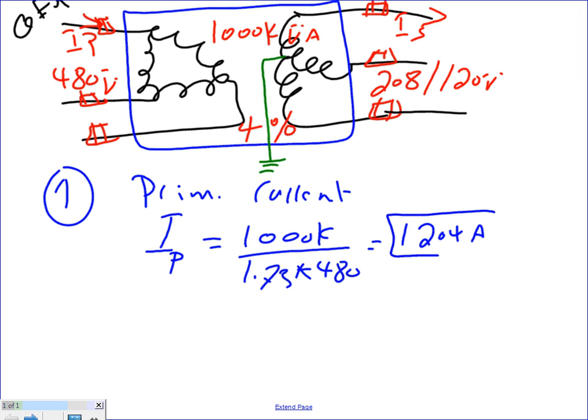I don't know if I did that right. 1204 amps. Okay, so this is the primary current, and next to it, guys, could you please write line? Primary current, line, the line current.